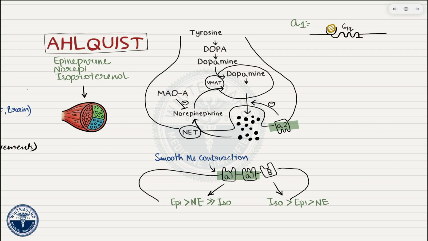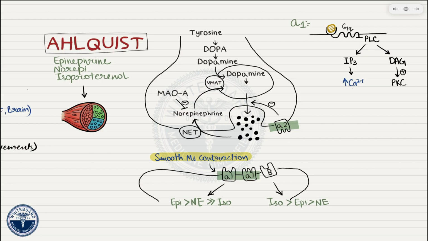When an agonist binds to the receptor, the Gq protein activates an enzyme called phospholipase C. Phospholipase C then generates 2 important second messengers, inositol triphosphate and diacylglycerol. Among these, IP3 increases the release of calcium from intracellular stores into the cytoplasm, while DAG activates protein kinase C. Together, these signaling pathways increase intracellular calcium levels and ultimately lead to smooth muscle contraction, which is the hallmark effect of alpha 1 receptor activation.